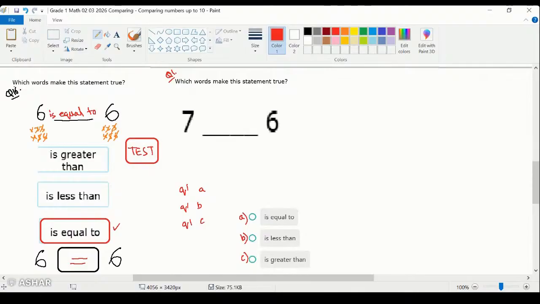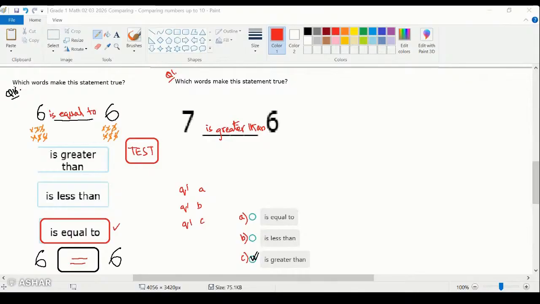Option C. Perfect, Deborah. So we know that 7 is greater than 6, right? Okay. Let's try another.